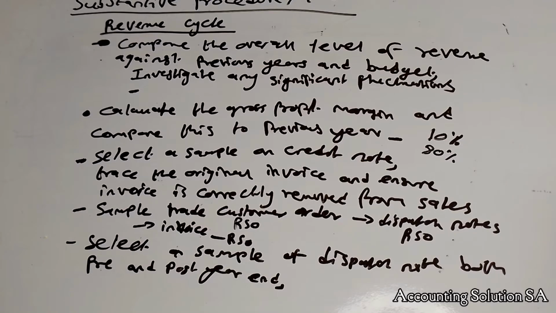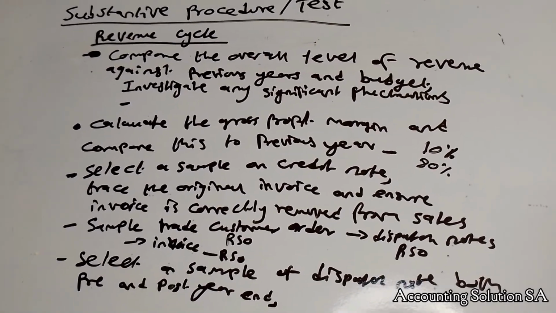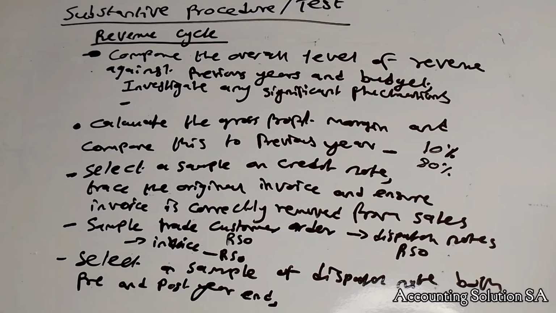Guys, remember, substantive procedure does not have order. So it doesn't matter which point you have started with, as long as at the end, each and every step will be part of your answer. So that will be okay.